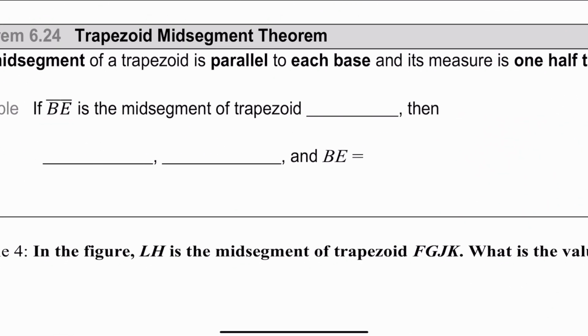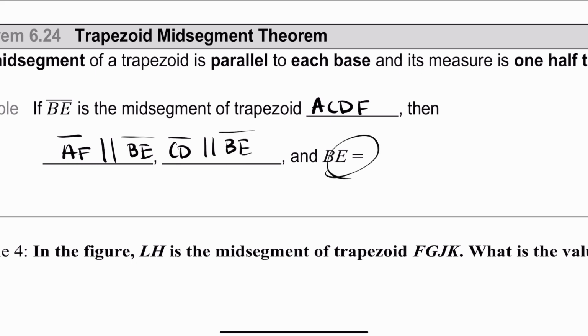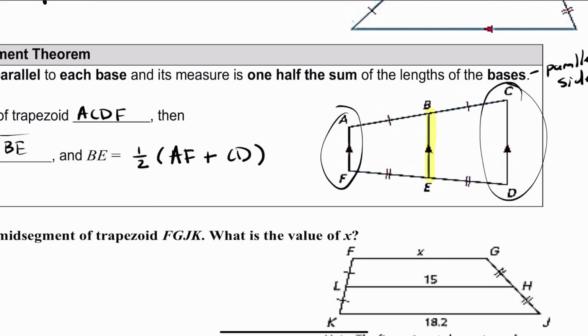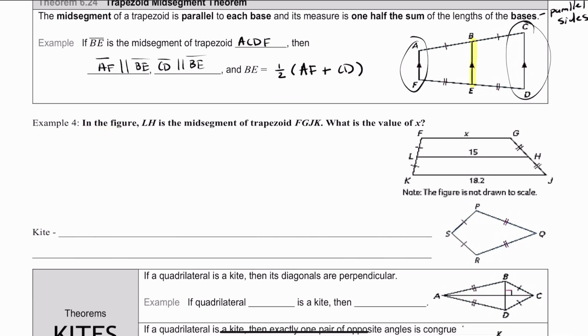So if segment BE is the mid-segment of trapezoid ACDF, then segment AF is parallel to segment BE, and segment CD is parallel to segment BE. So BE is 1/2 the sum of AF plus CD.